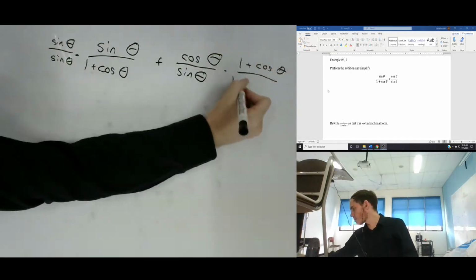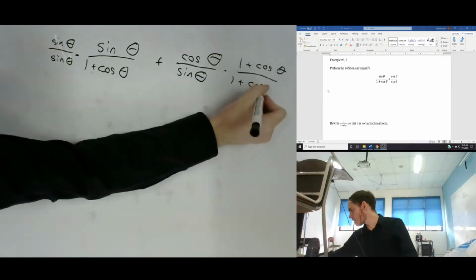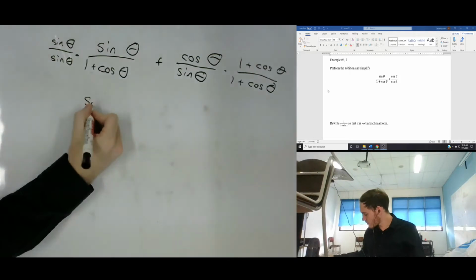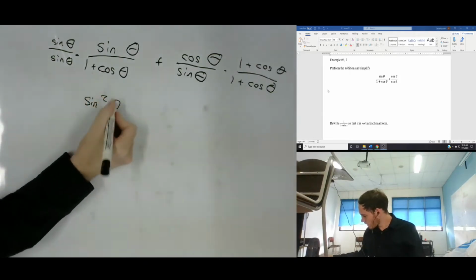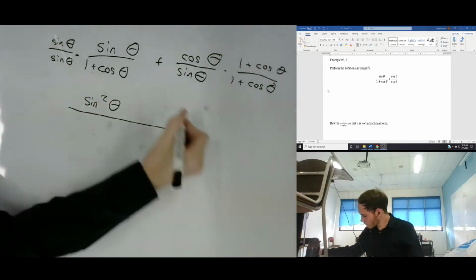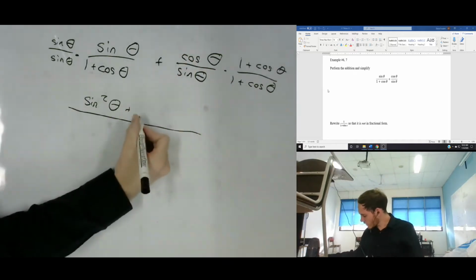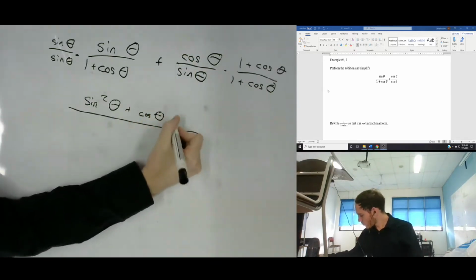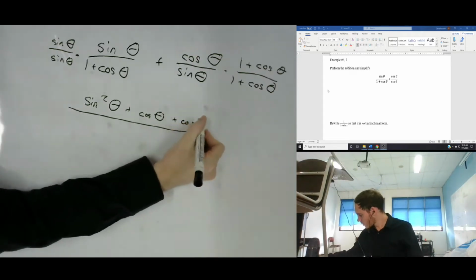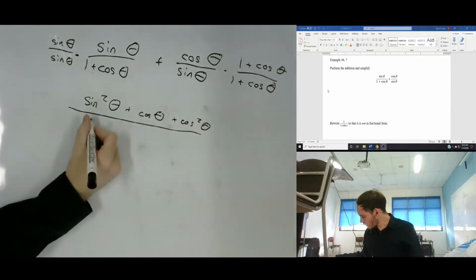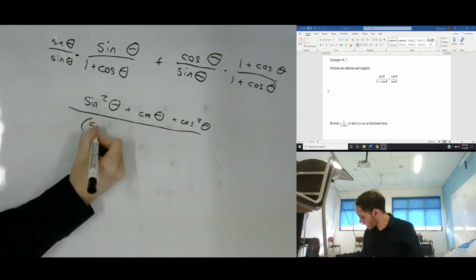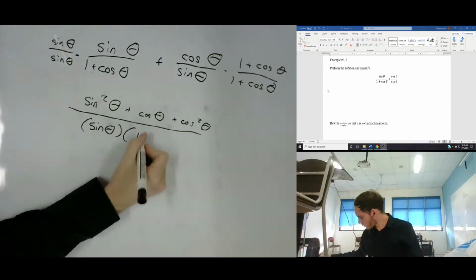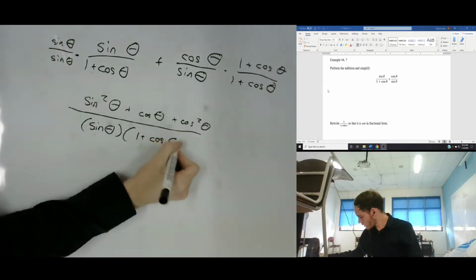There are possibly other options to do in solving this, but let's try this one. So sine squared theta plus, okay, this would be cosine theta plus cosine squared theta. And this is all over sine theta times 1 plus cosine theta.